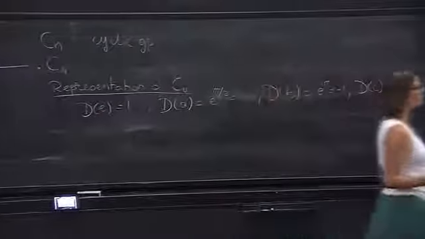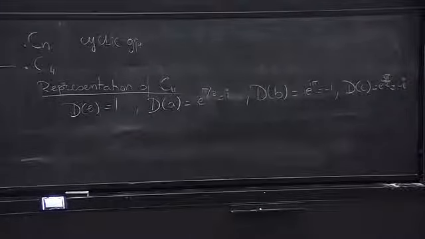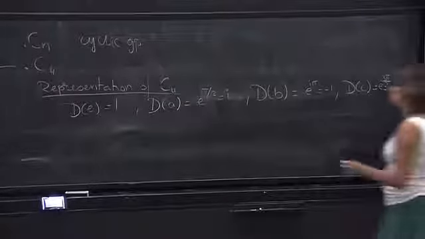And what is the dimension of this representation? The dimension of a representation is the dimension of the space on which it acts. So what is the dimension here? 1. Yeah, okay. So this is a one-dimensional representation of C4.